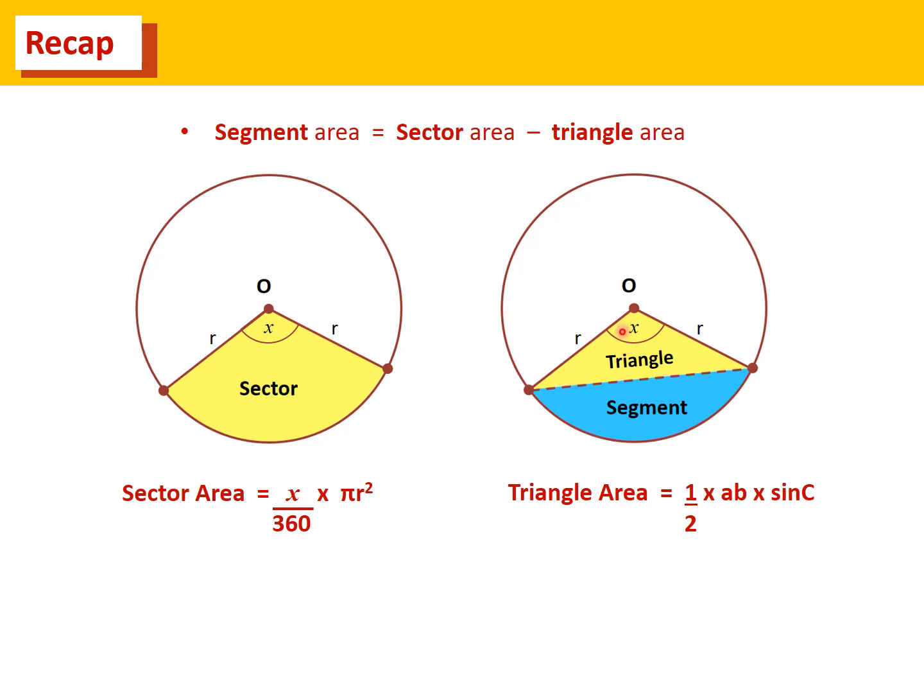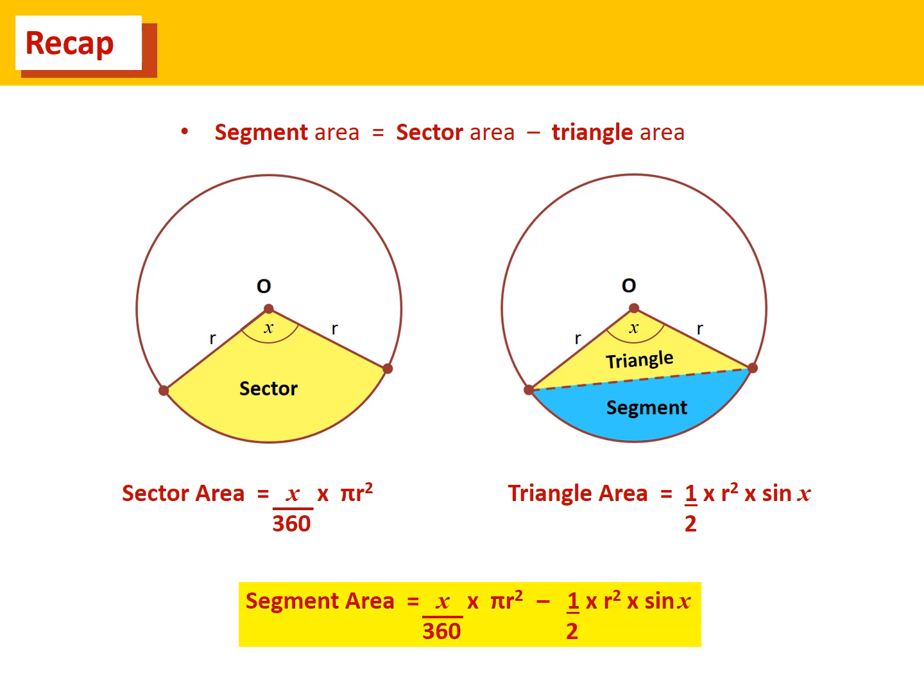So a times b would be r times r, so that would become r squared, and sine C, sine the angle in between, would become sine x. So that would become a half r squared sine x. So the segment area is the sector area minus the triangle area, and there you have it.